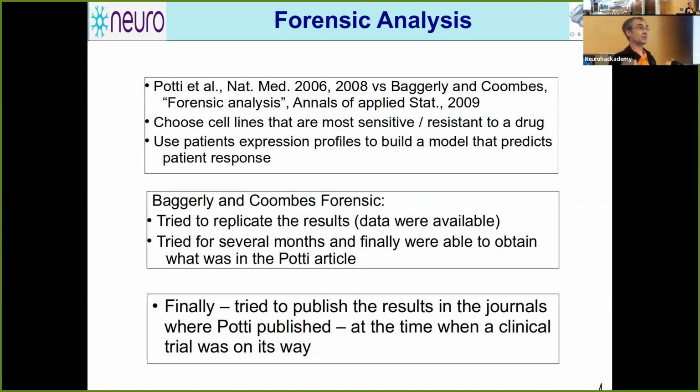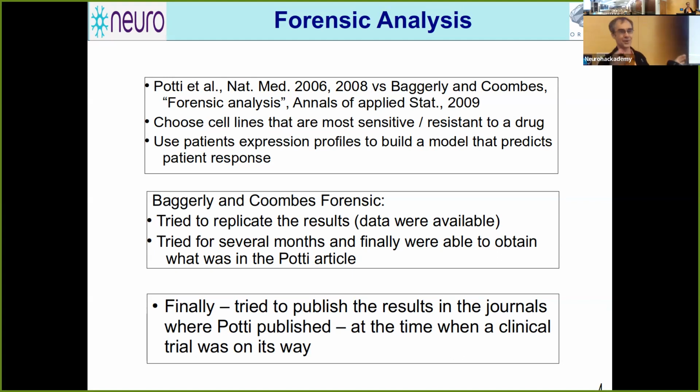And the second problem is what happened when Coombes and Baggerly tried to tell the journals and the community, hey, there's a problem with that analysis. They called it a forensic analysis of that paper. They tried to publish it in the journals where Poline et al. had published, and they basically couldn't.